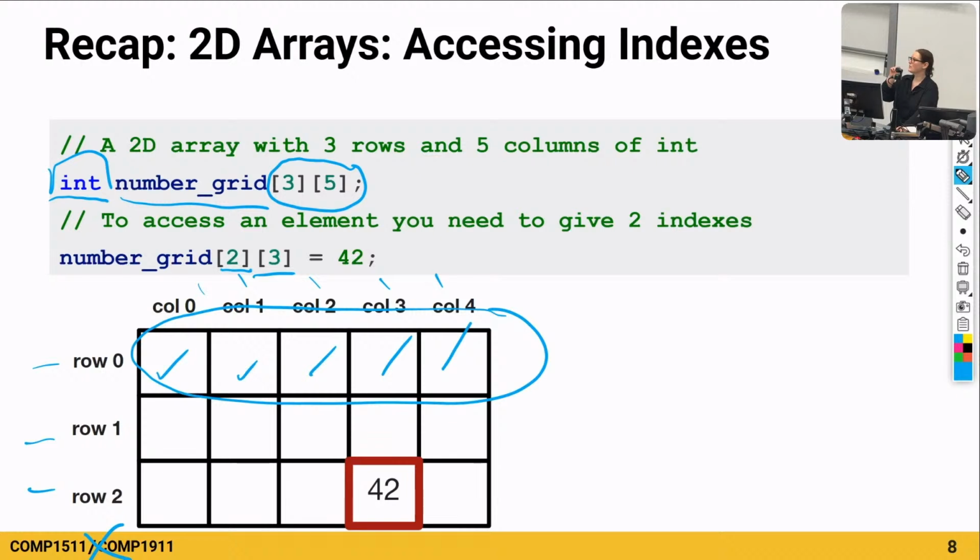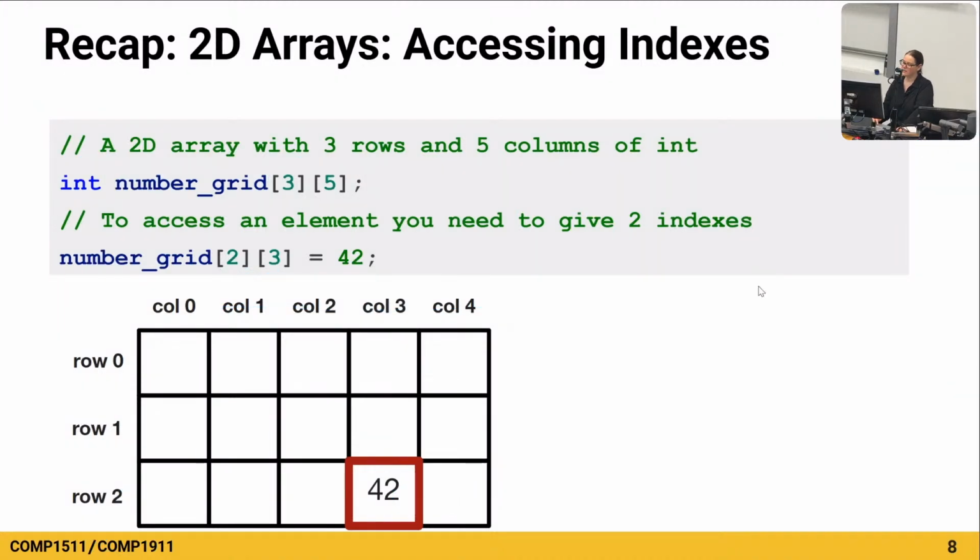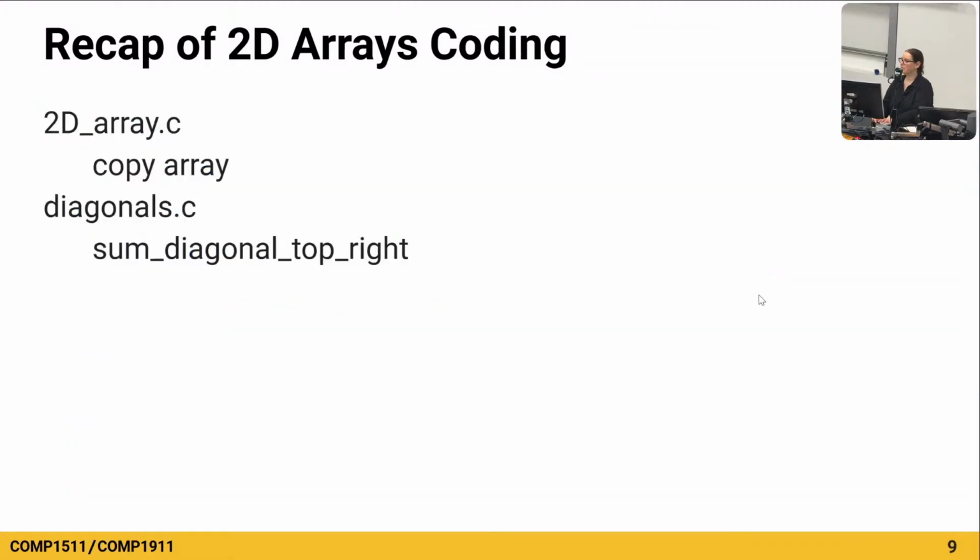You start at column 0 and go through to the end. But now we have to do that again and again for every row. We go then to the next row, start back at column 0 and go through one by one. When we finish that, we go to the next row. So to do that, we've been using nested loops, right?